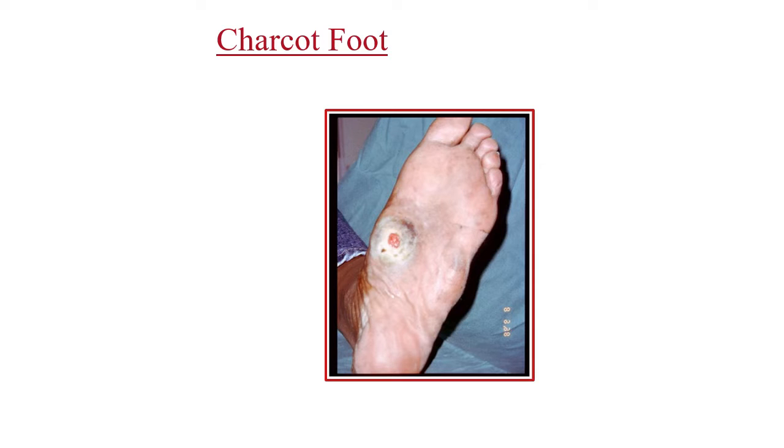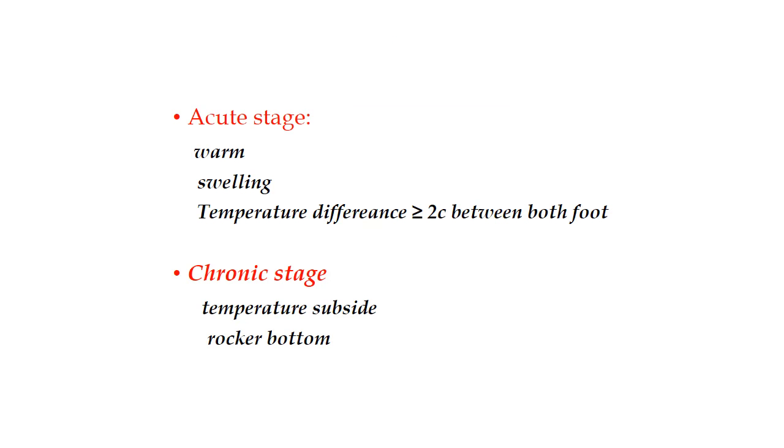This condition related to diabetes has two stages. In the first stage, the foot will be only warm and swollen, with a temperature difference of more than 2 degrees centigrade between both feet. Later on, this inflammatory phase will resolve, ending in a chronic stage where the temperature will subside.